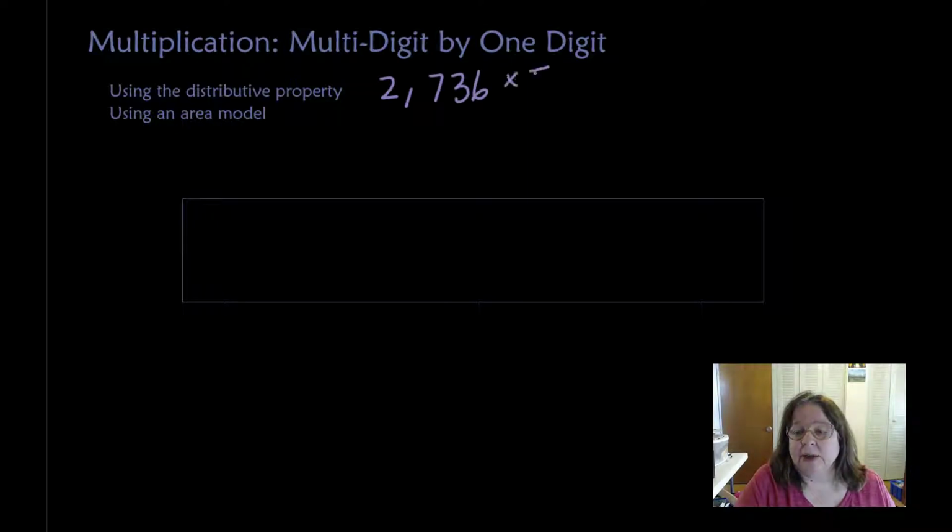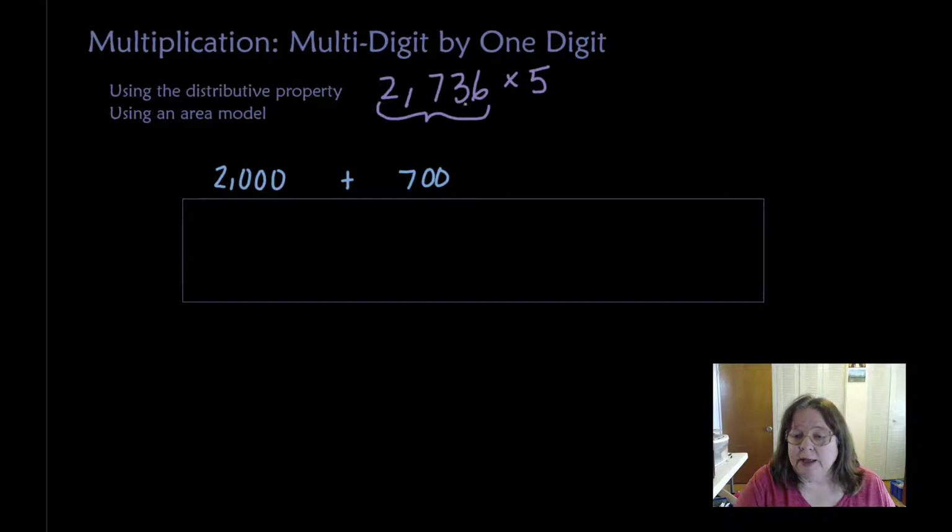2,736 times 5. To do the area model, we're going to decompose this number by place value. To do that, we just look at the numbers in their spots. We have 2,000, plus, we look at the 7, that is in the hundred spot, so 700.